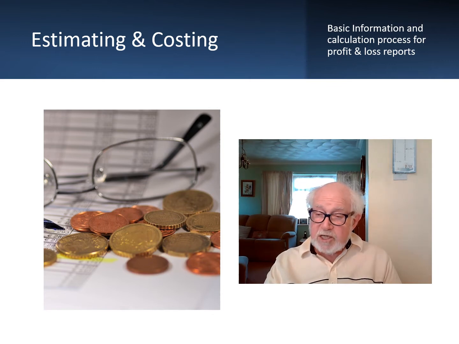The following slides will take you through a simple example of how information is collected and the calculations necessary to prepare an estimate for a product, followed by details defining actual cost and confirming profit or loss by comparing the initial estimate against actual cost.